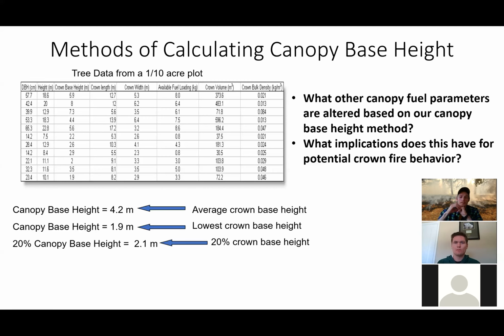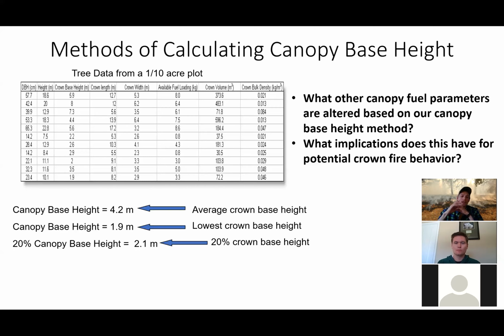Quicker crown fire spread, right? How does it affect the spread? Yeah, it increases, or even just the potential for spread. It increases it.